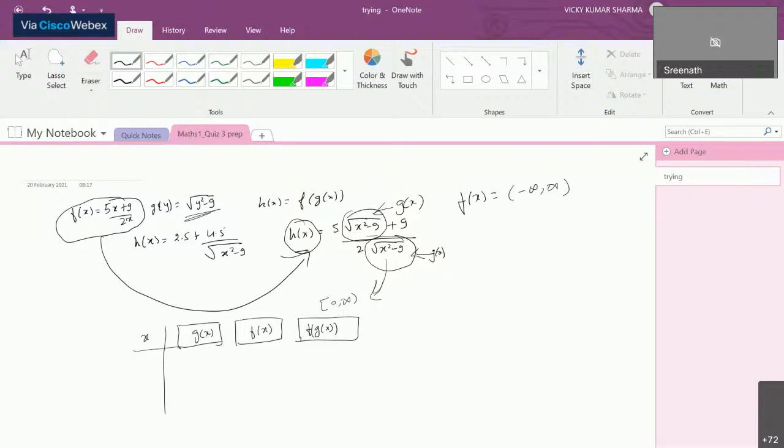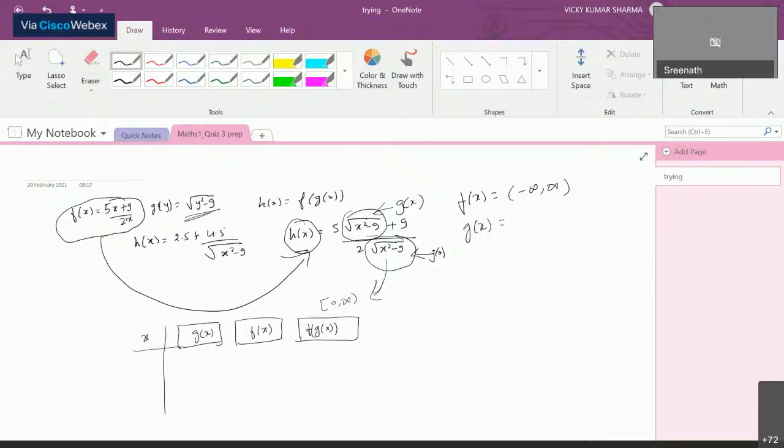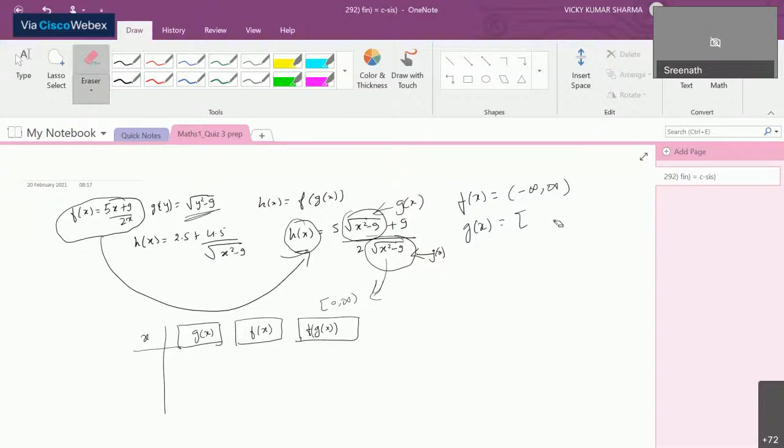And g of x is the closed interval minus 3 to positive 3. This is not allowed. In g of x, all of f of x is allowed except this particular interval. So h of x will be the open interval minus infinity to minus 3 union 3 to positive infinity.